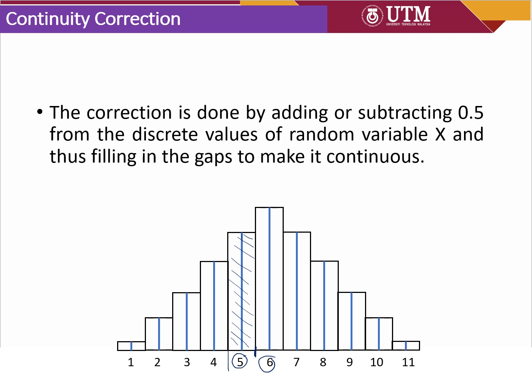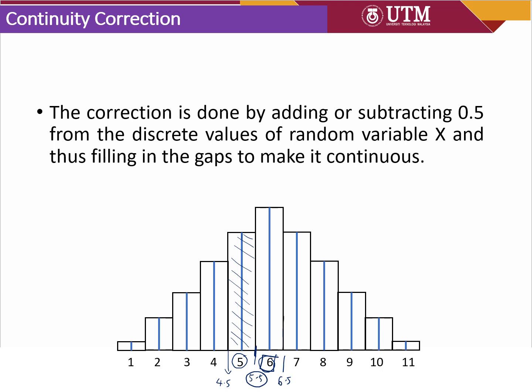The lower boundary for 5 is 4.5, where we minus 0.5, and the upper boundary would be 5.5. Given that 5.5 is also the lower boundary for 6, the upper boundary would be 6.5.